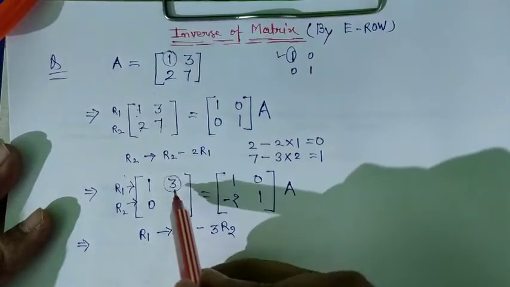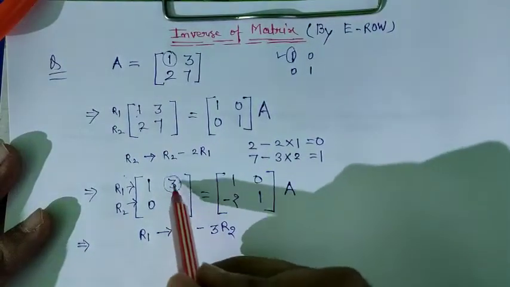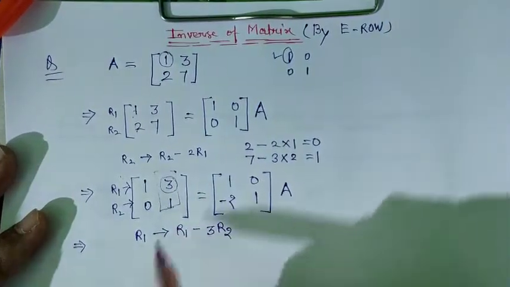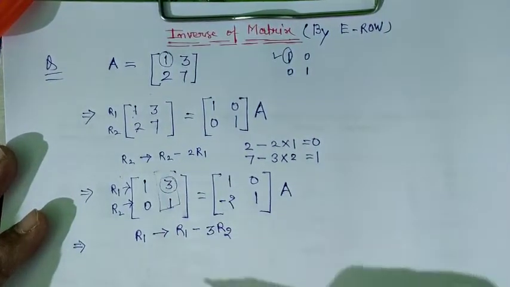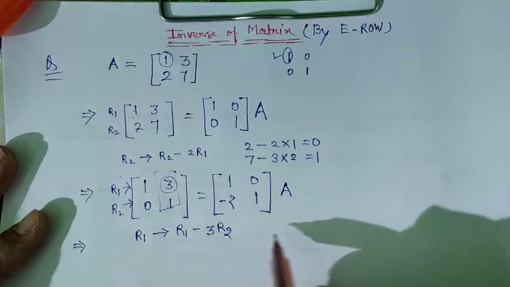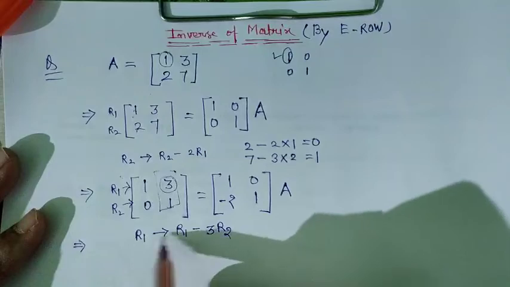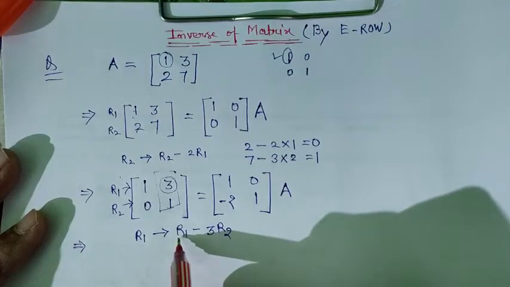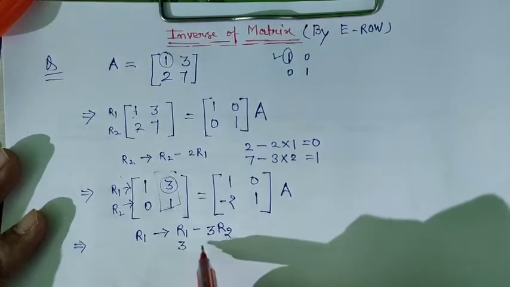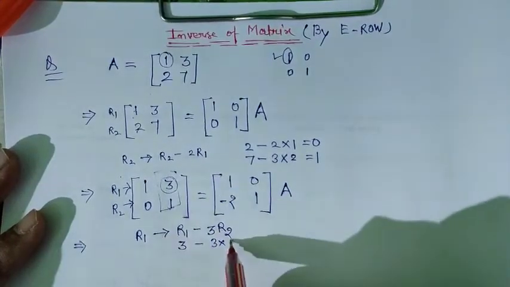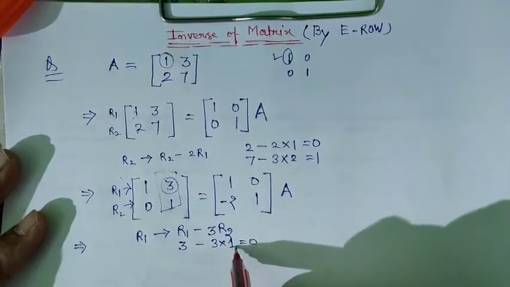When we are applying some property, in that case we will only concentrate on those particular elements. Like here, according to this rule, R1, what is the element here? 3 minus 3, and the corresponding element at R2 is 1, so it will give you 0. It was our target.